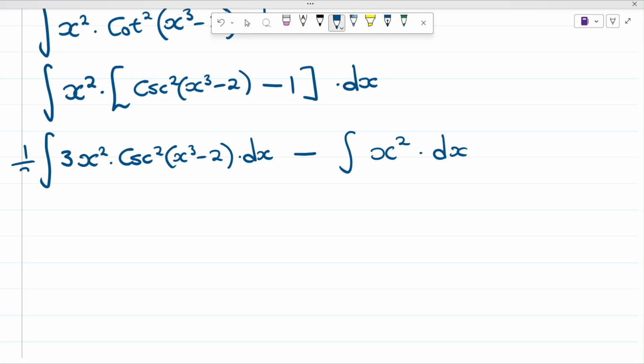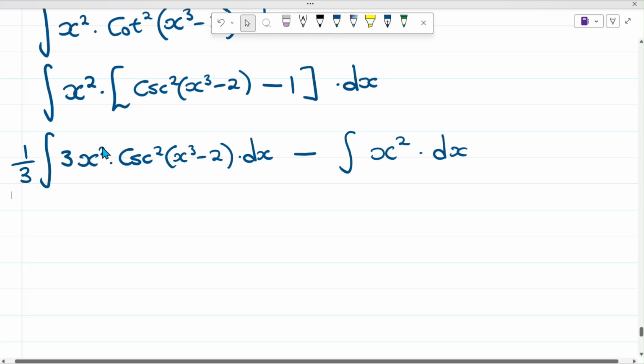And then we cancel out the 3 because we don't want to change the equation. So if we have the derivative of the argument alongside this trig function, then we can conclude that the trig function that was differentiated for us to get cosec squared, which is positive, was negative cot, right?